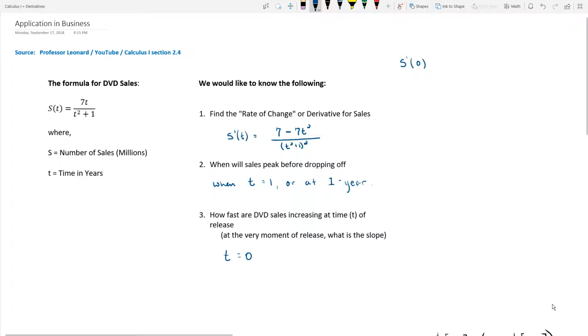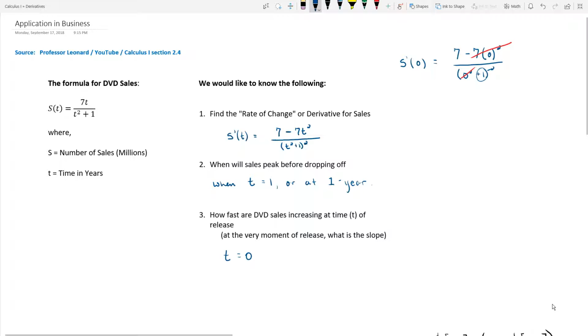S prime at 0 is going to be equal to 7 minus 7 times 0 squared, over 0 squared plus 1 squared. Well, this is fairly simple to figure out, as we're going to reduce this down to simply 7 over 1 squared, which is 1, right?